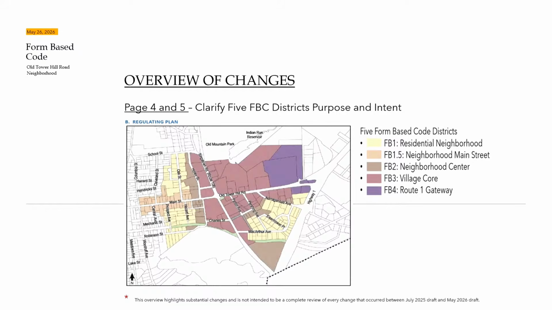FB3 is associated with Old Tower Hill Road and Kingston Road. And then you'll see FB4 as described: Wakefield Mall, Mazda, 2 out parcels along Old Tower Hill Road, and then the commercial development on the south side abutting Route 1. You also have a holdover at FB1, which is the MacArthur area single-family residential development.